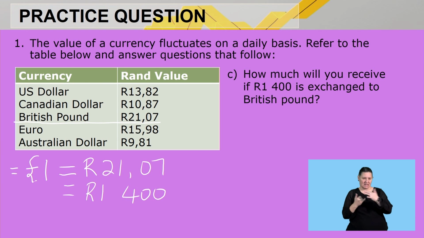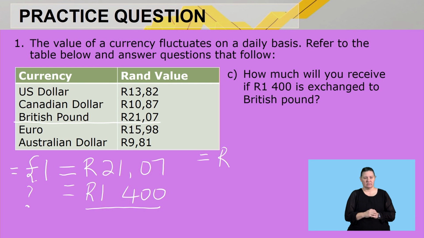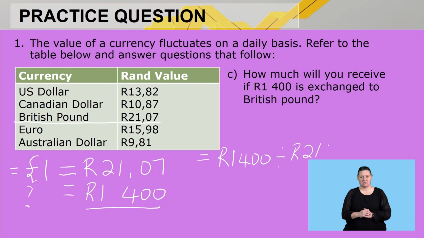We are converting from South African rand to a foreign currency, so we are going to divide. Below is our 1,400, divided by the given exchange rate, which is 21 rand 7 cents.